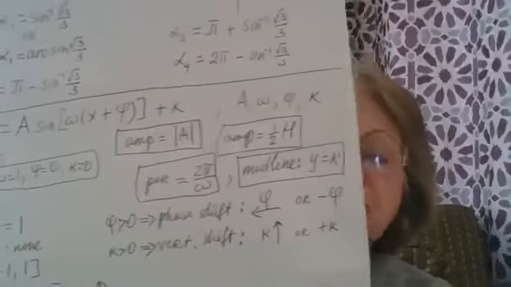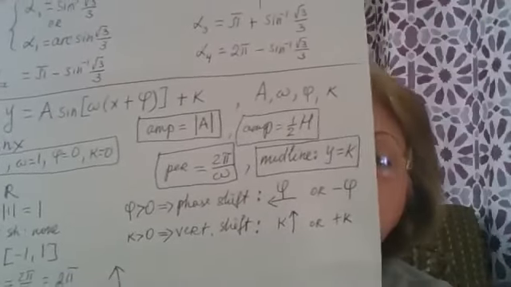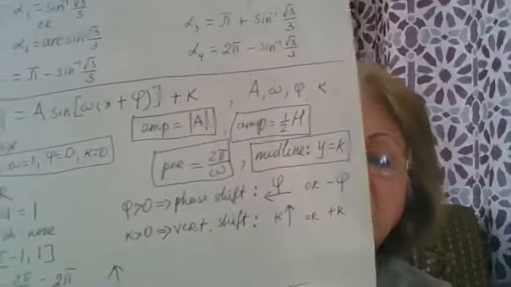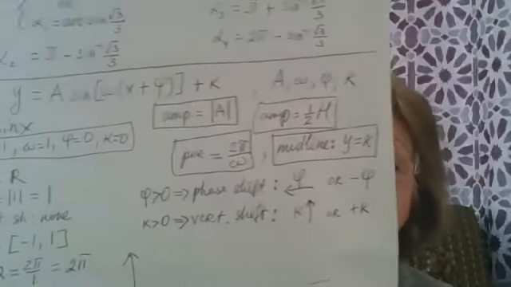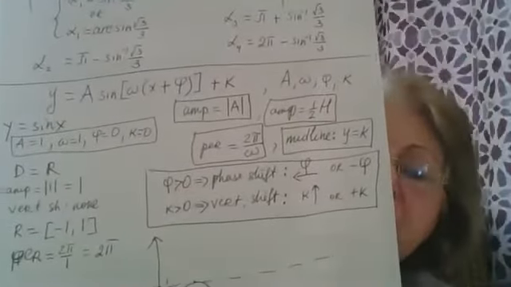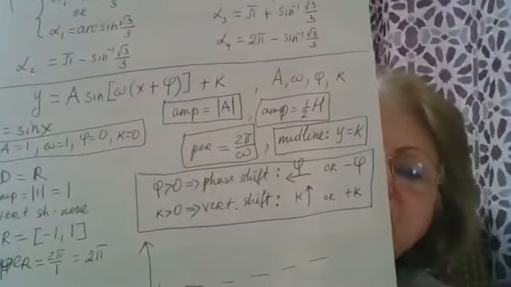Period is equal to 2 pi over omega. Besides that, downstairs I wrote information about parameters phi and k. And the midline is y equals k.